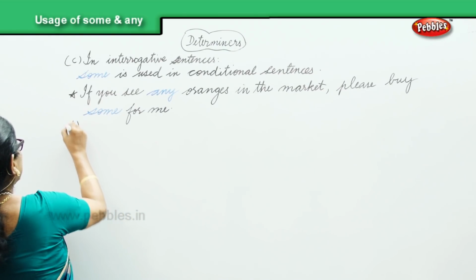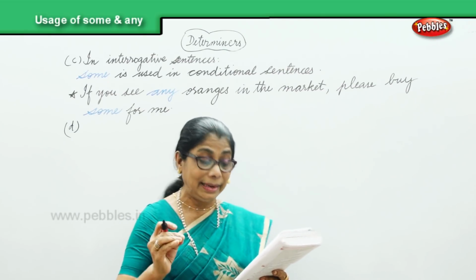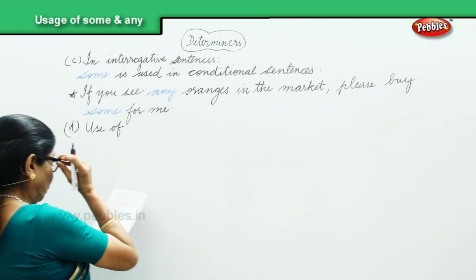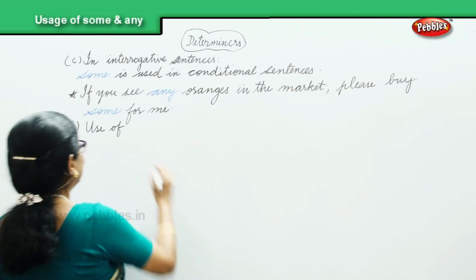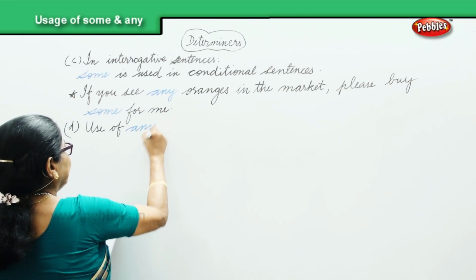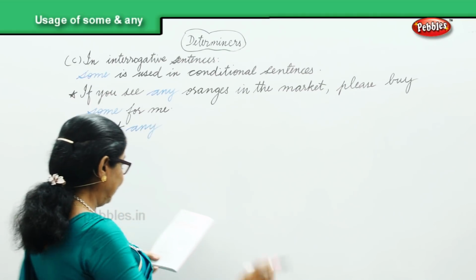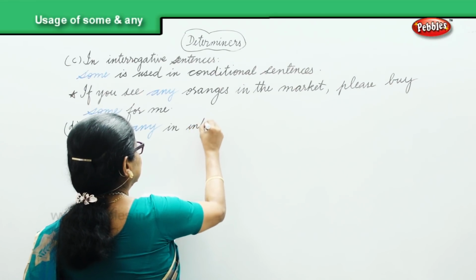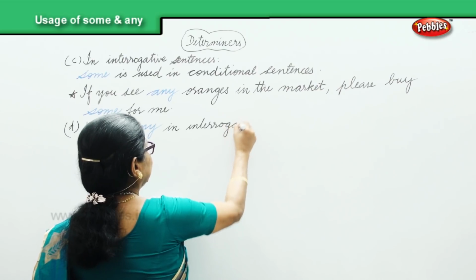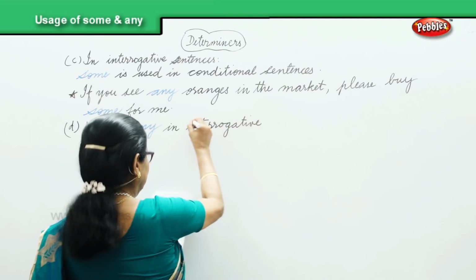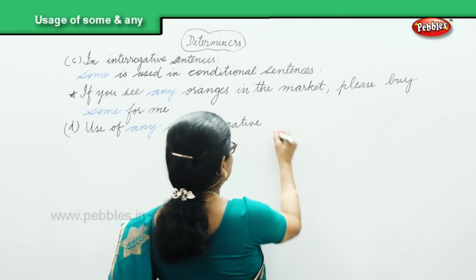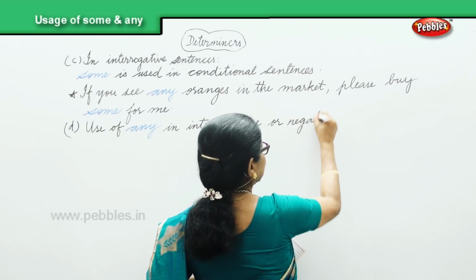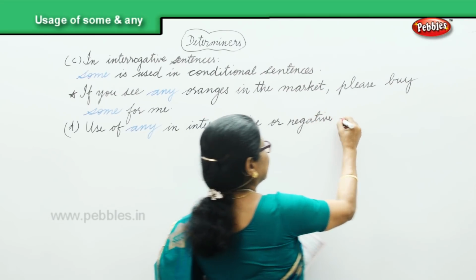Then finally, in the D category we have the use of any in interrogative or negative sentences.